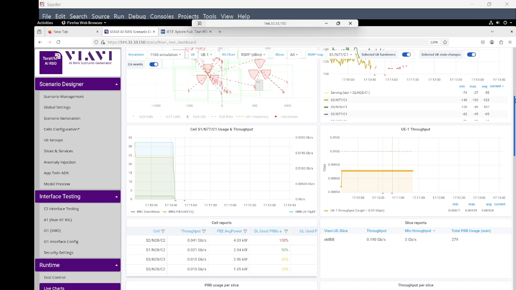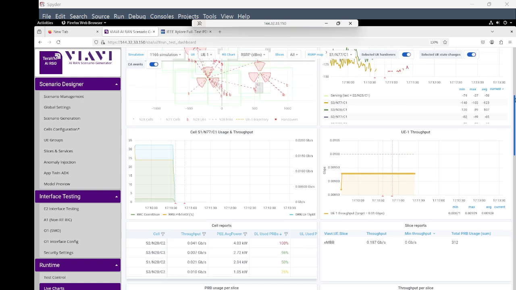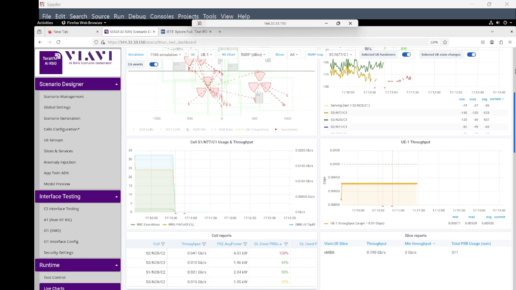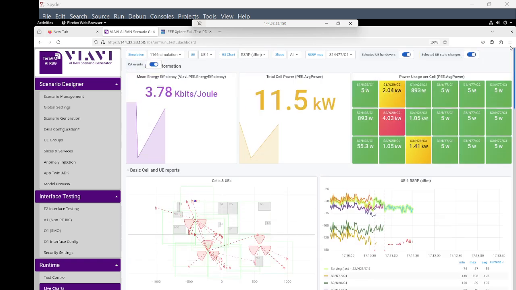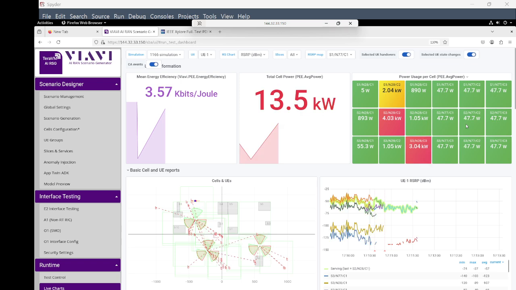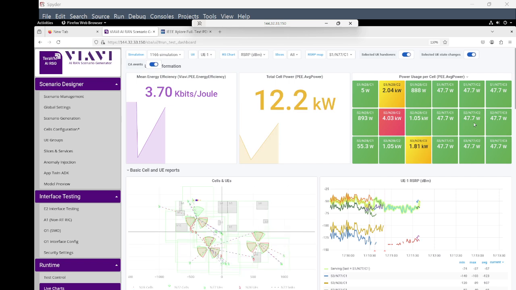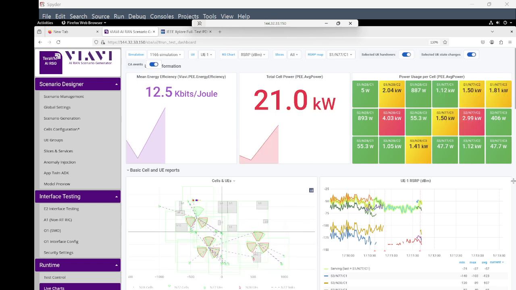And we can see we have some overloaded cells, and when a cell has a low value, less than 20% of the resource block usage, it's going to be off. Now it's going to be on because there are some loads and the user equipment hands over or reaches the cell area that can be supported by that cell.